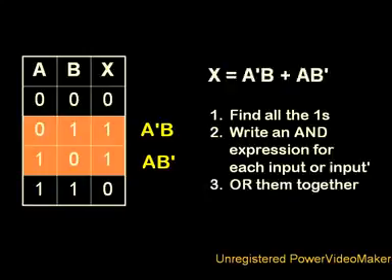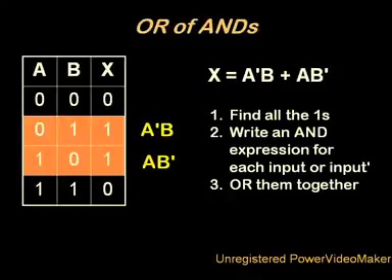Because each of those only, if you want to think about it, turns on for one specific row, if I OR them together, I will find an expression that turns on just for the rows that I want it to. So X could be implemented with a circuit that corresponds to A NOT B plus A B NOT.